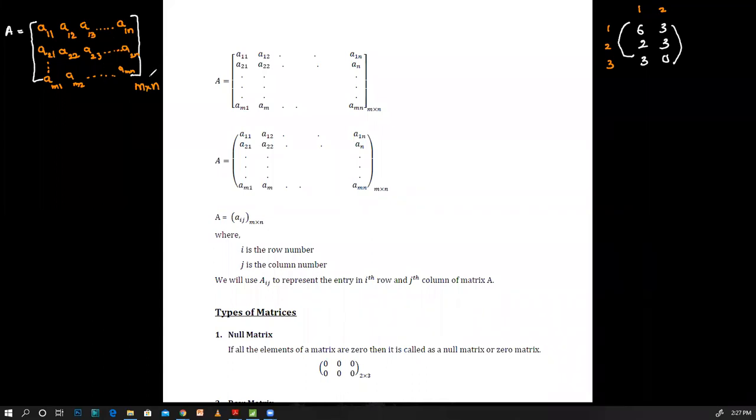And another term for the dimension is the order of the matrix. This m by n is said to be the dimension of the matrix, or else we can say it is the order of the matrix.